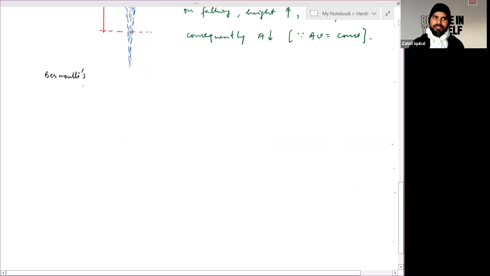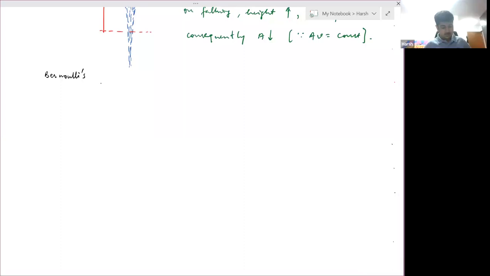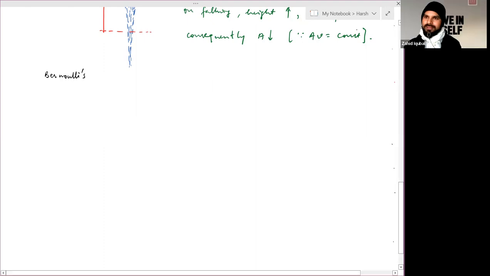No, there are various applications of Bernoulli's principle. Yeah, it will be the last part of this chapter. Okay, sir. No, sir, because there was something about detergents written in the book, surface tension and capillary rise. Yeah, I defined it in the earlier part.